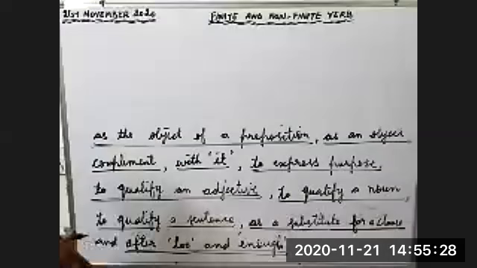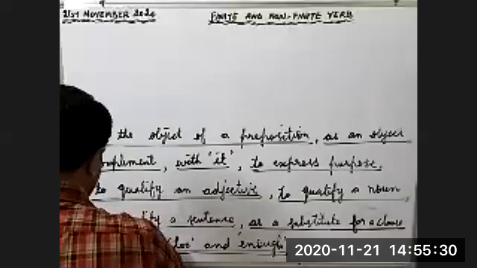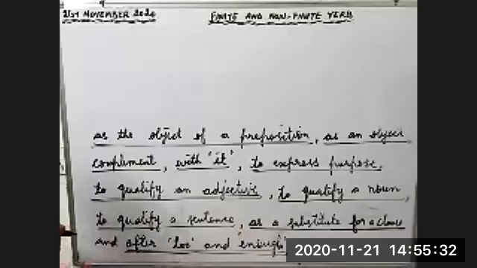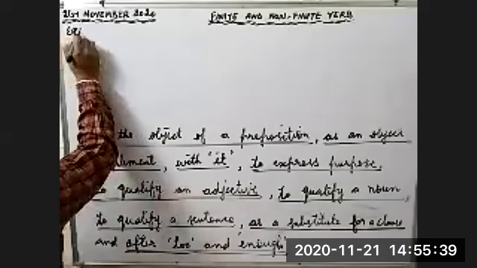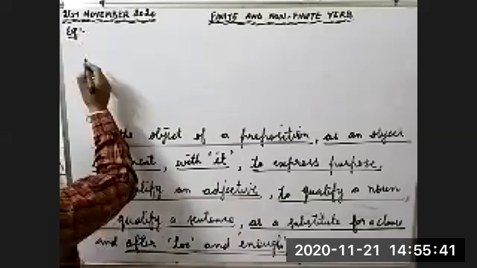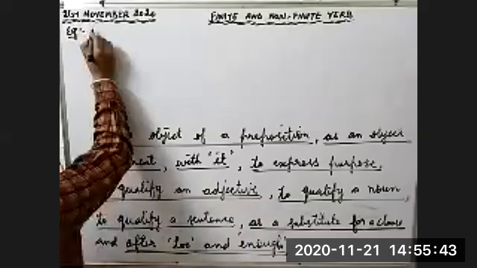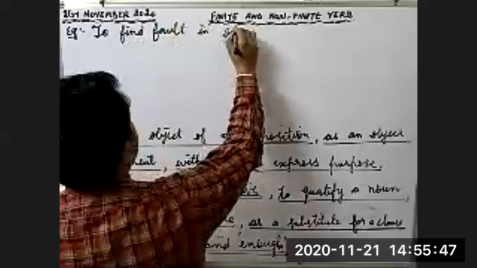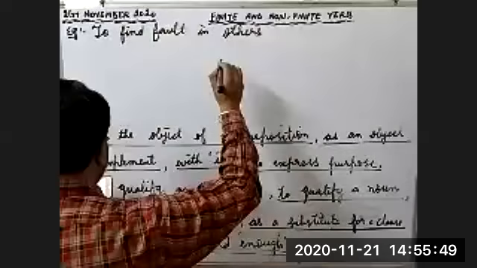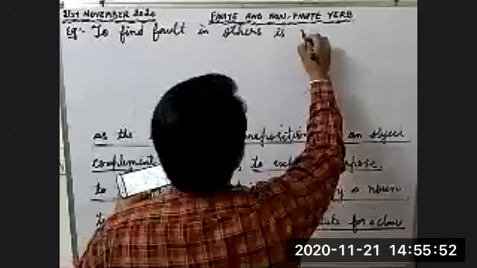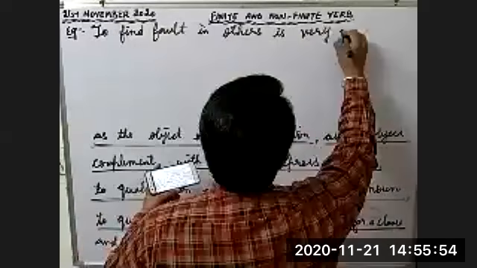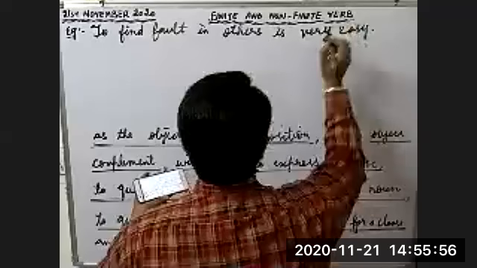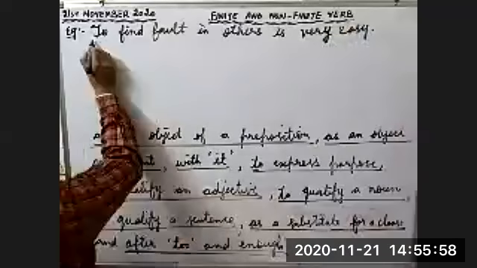Let's see how many examples we are able to finish. First example: To find fault in others is very easy. This is the same example which we have written earlier. So what is this?